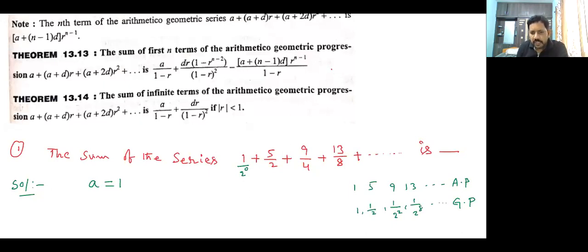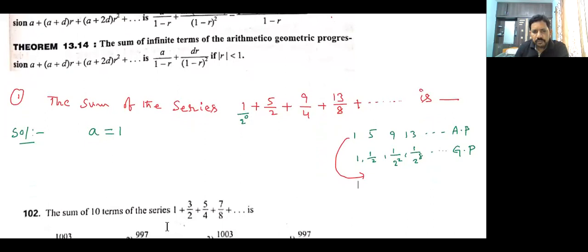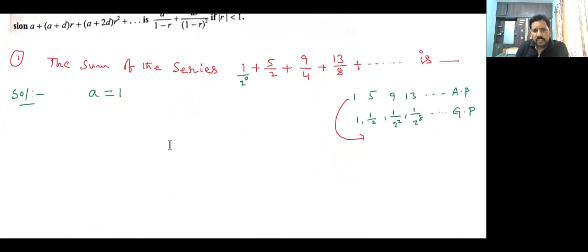Observe the AP series. In this series, what is the common difference? Tell me, students. Common difference is how much? d, that is 4. Now in GP series, observe what is common ratio? 1 by 2.